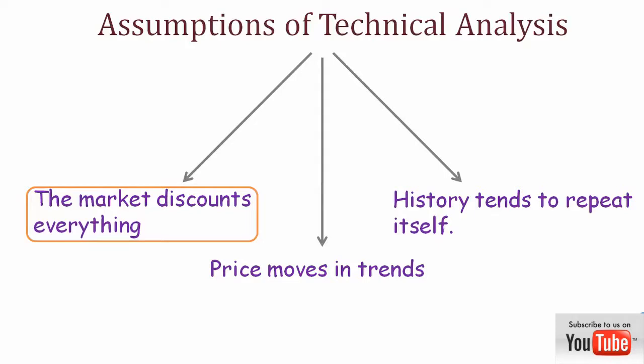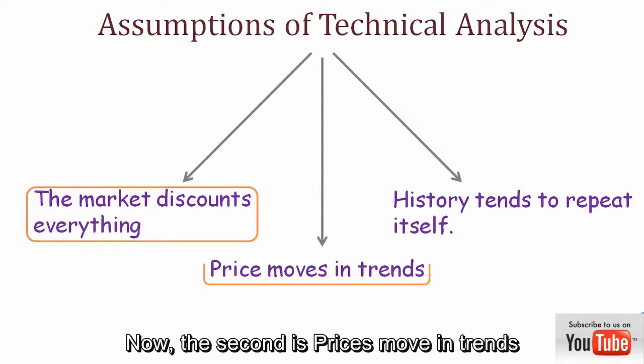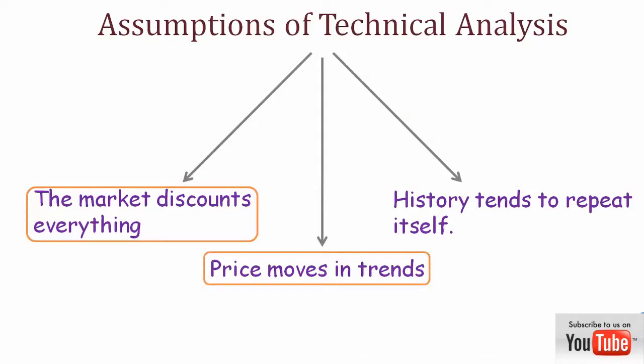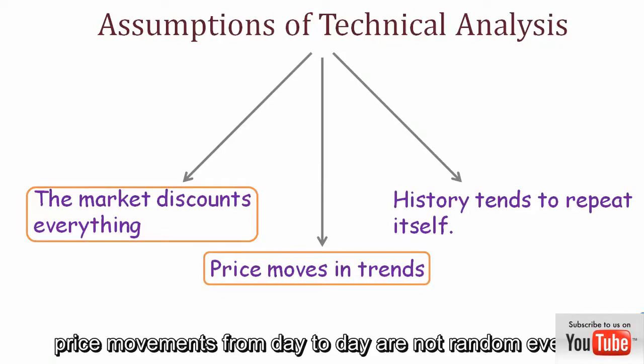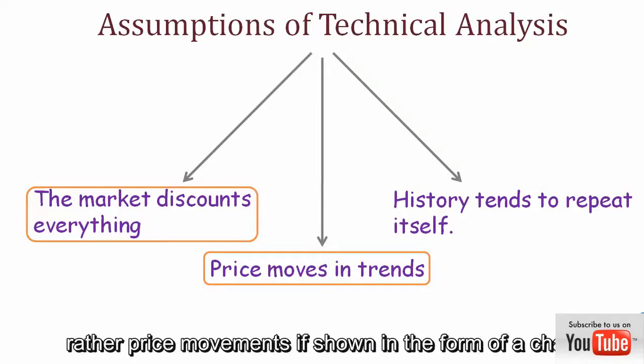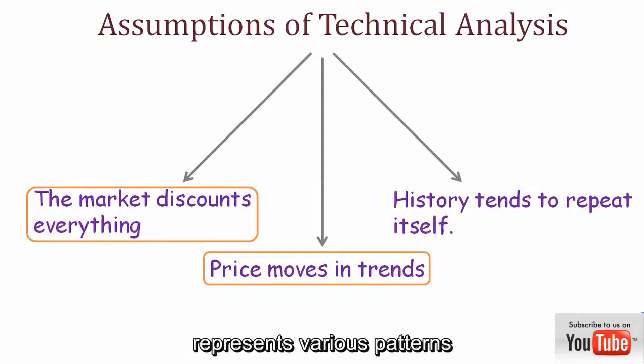Now the second is that prices move in trends, which basically means that price movements from day to day are not random events. Rather, price movements, if shown in the form of a chart, represent various patterns which give signals to buy or sell.